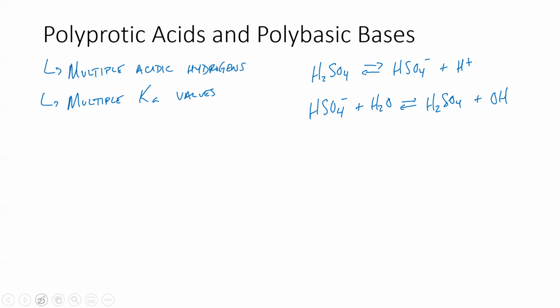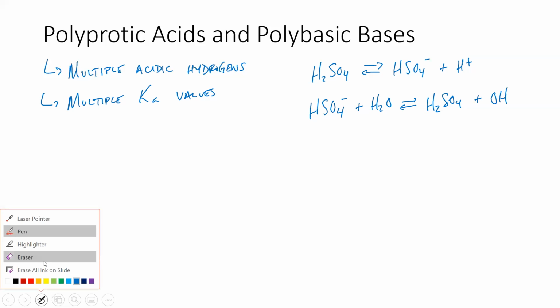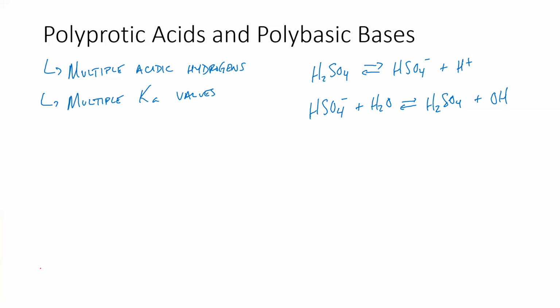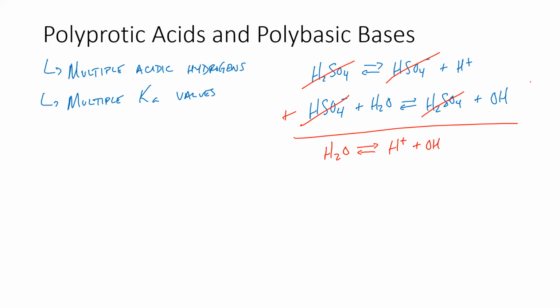Now, if we add these two reactions up and see what their overall reaction is, I have an H2SO4 on the left and the right. I have this bisulfate on the left and the right. And so I'm left with H2O in equilibrium with H plus and OH minus.